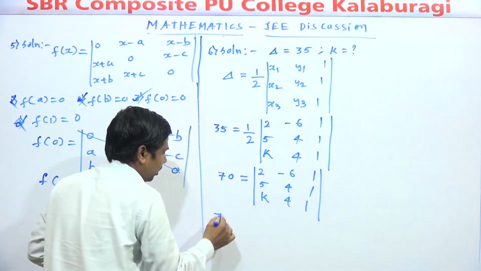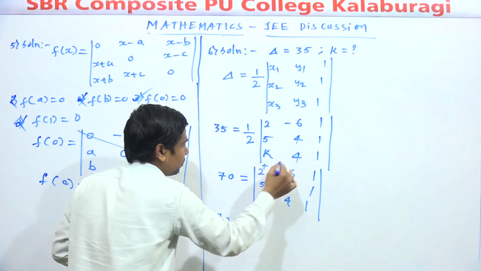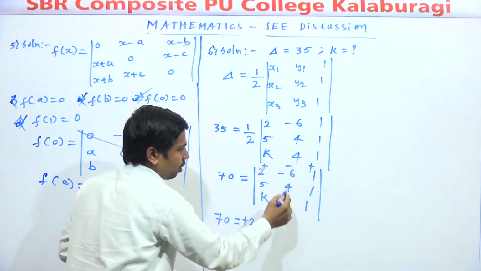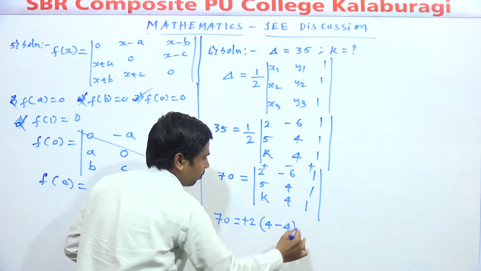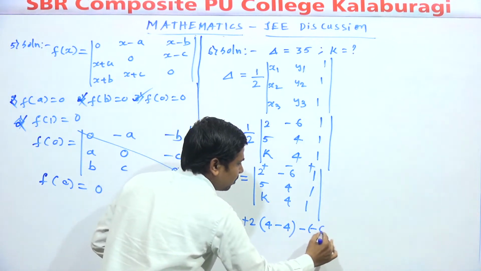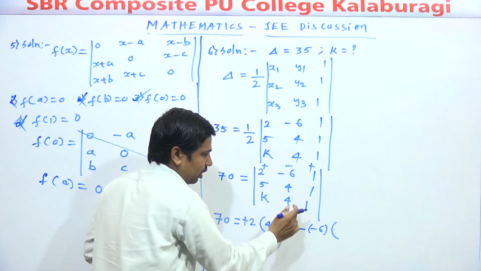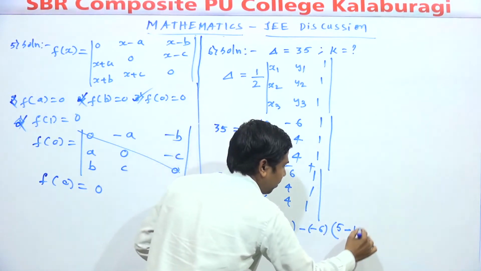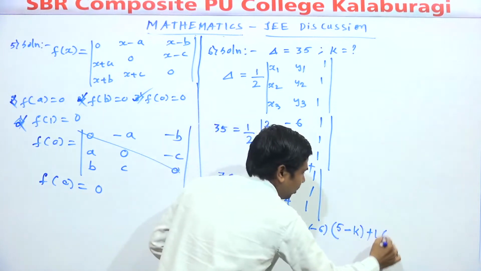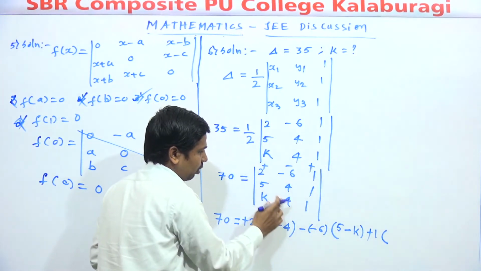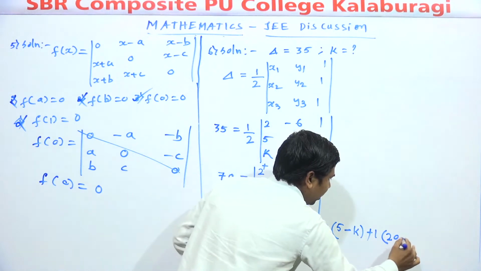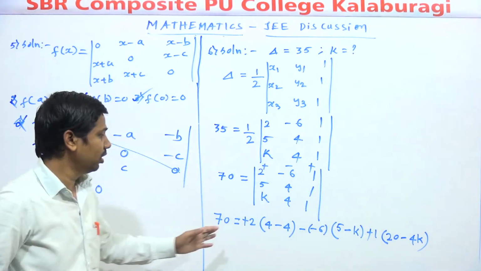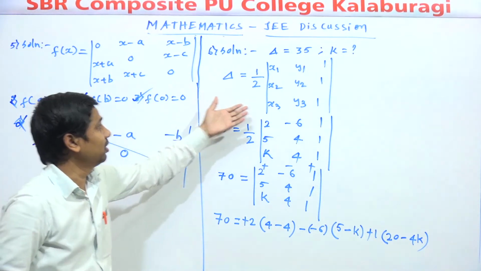Let us find the determinant here. 70 is equal to plus 2 into, suppressing first row first column, 4 ones are 4 minus 4 ones are 4. Minus sign, element is minus 6, suppressing first row second column, 1 into 5 minus k into 1, 5 minus k. Sign is plus, element is 1, suppressing first row third column, 4 fives are 20, 20 minus 4k.